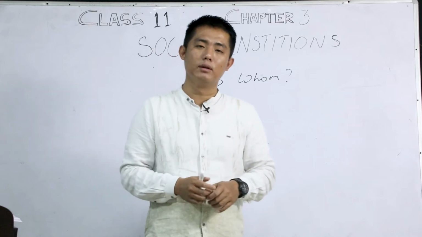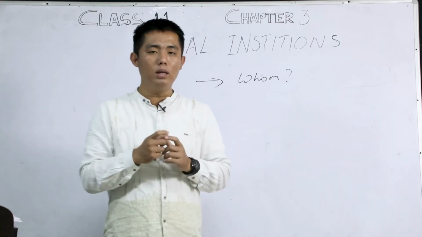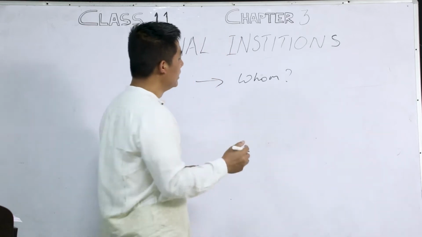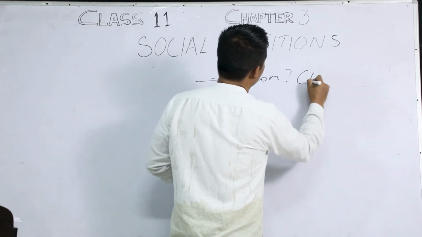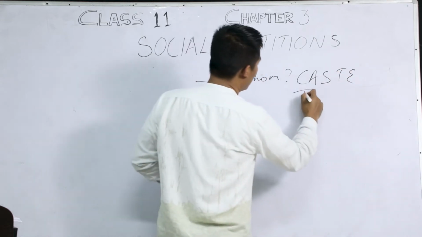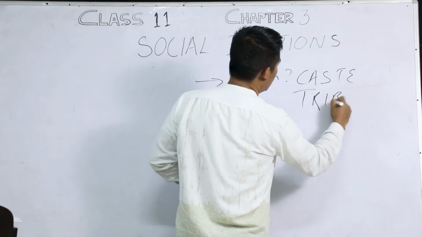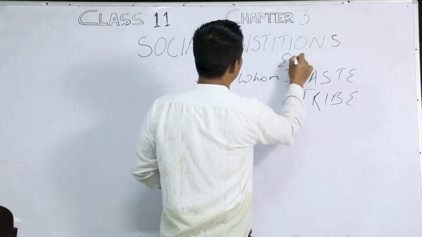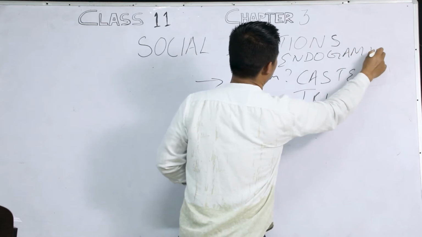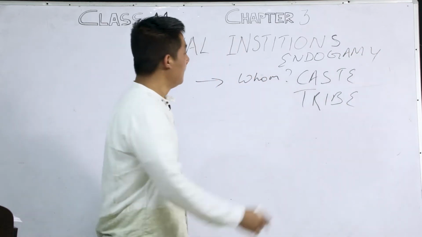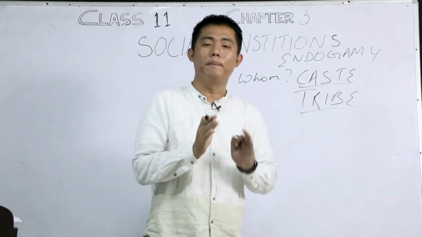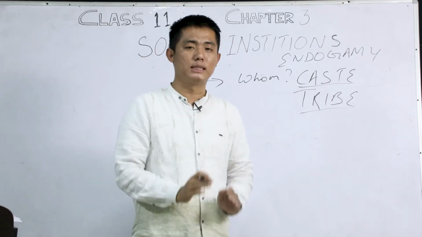For example, we have caste endogamy, or, to make it simpler, tribe endogamy. Caste and tribe endogamy mean you can only marry a person belonging to the same caste.